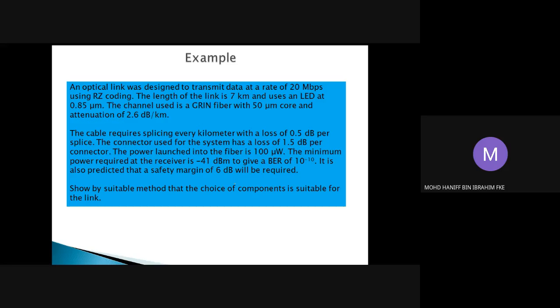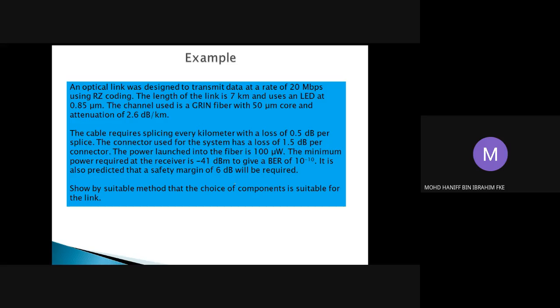Okay then, the last example for today. We are given an optical link that was designed to transmit data at a rate of 20 megabit per second using RZ coding. The length of the link is 7 kilometers, and you are using an LED at 0.85 micrometer as your source.